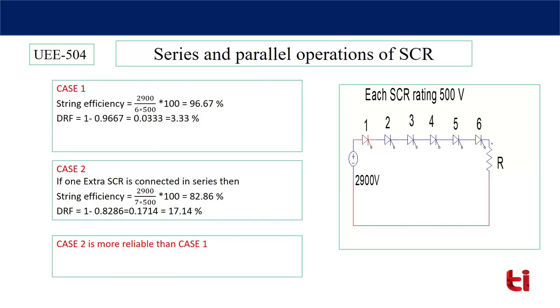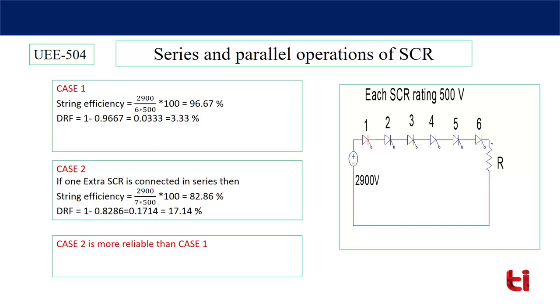Now in the same string, if one more SCR is connected, then the number of SCRs becomes 7 and the string efficiency becomes 82.86 and the derating factor is increased to 17.14. That means the burden of 2.9 kilovolt is shared by 7 thyristors in case 2.